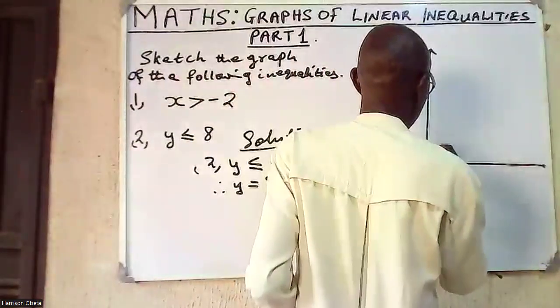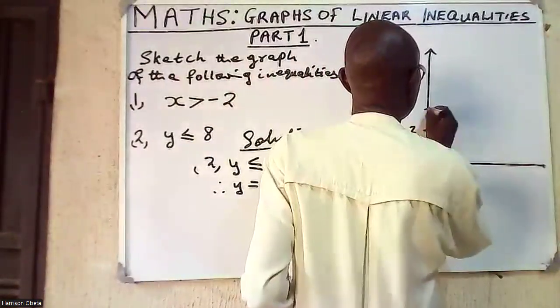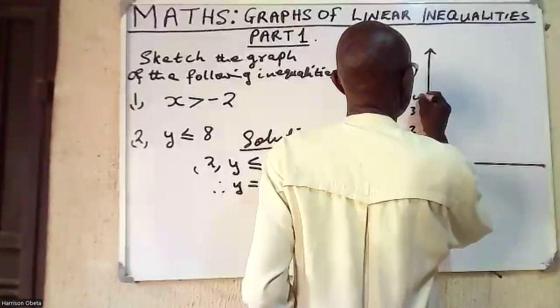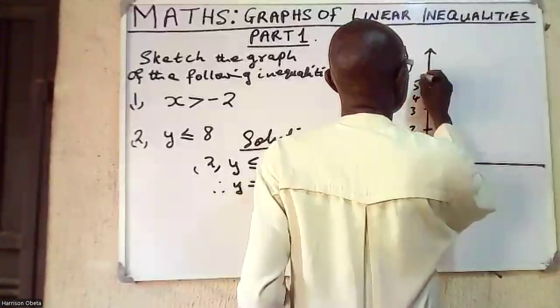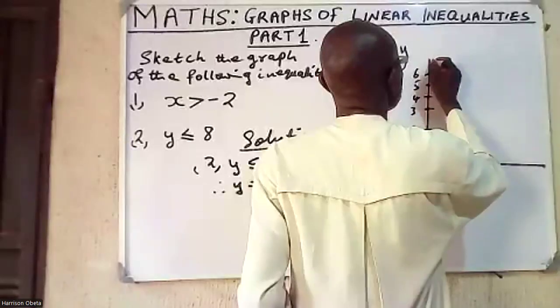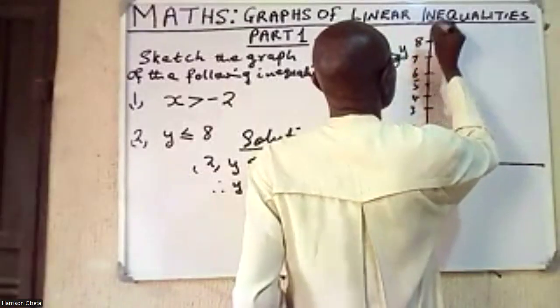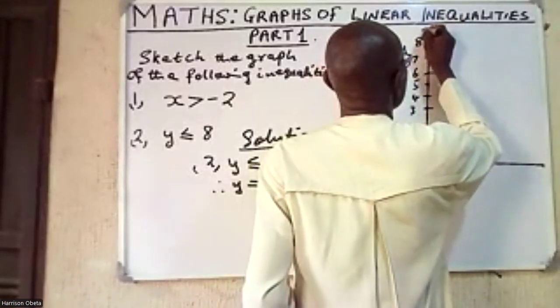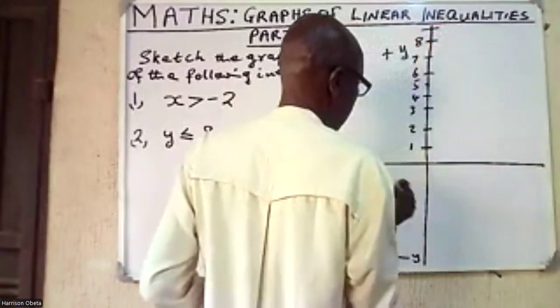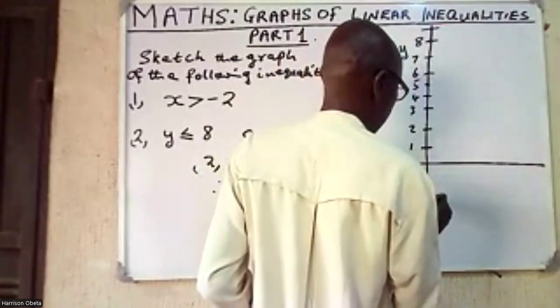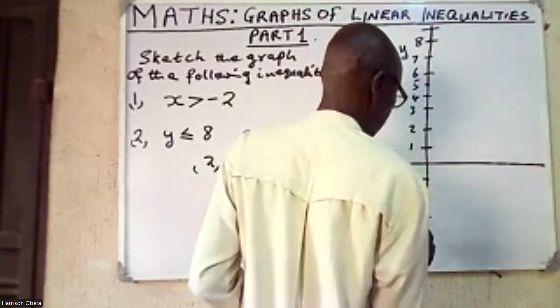So we have 1, 2, 3, 4, 5, 6, 7, 8, maybe 9. Okay. Then -1, -2, -3, and so on.